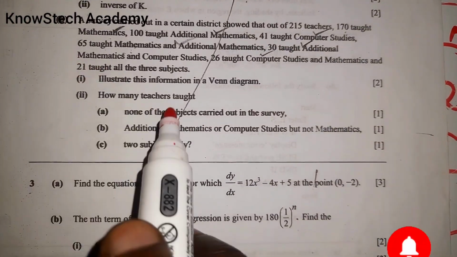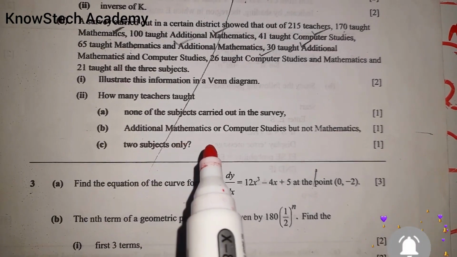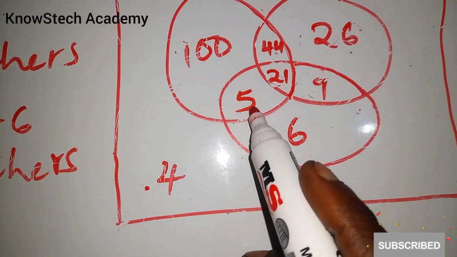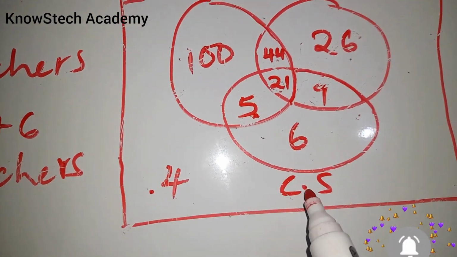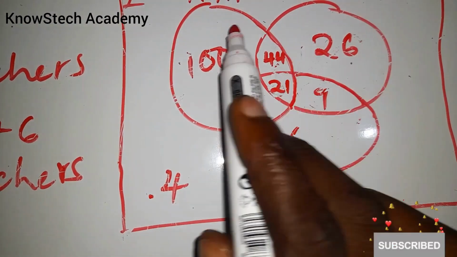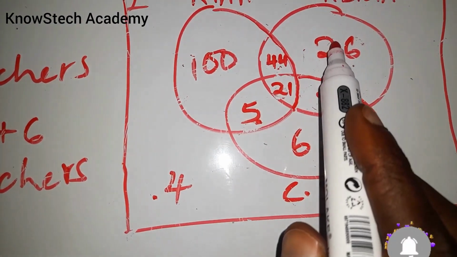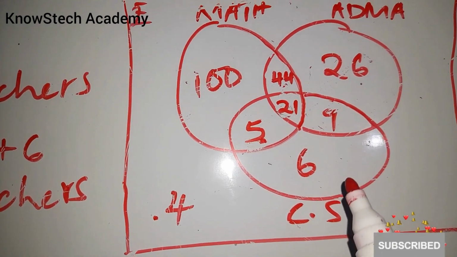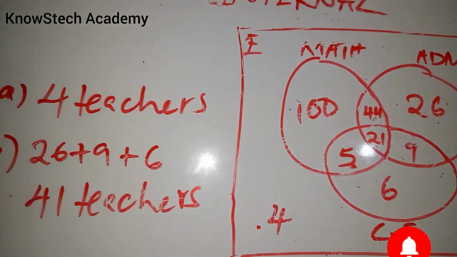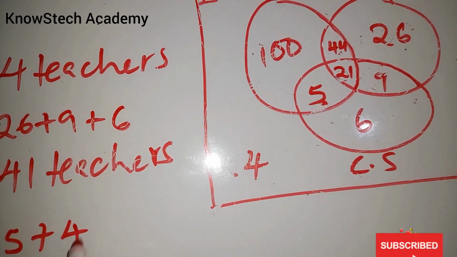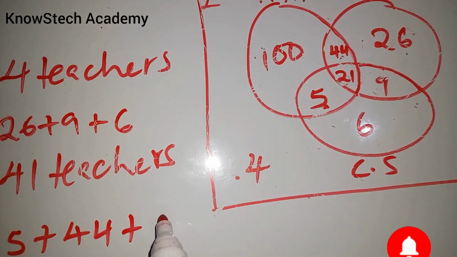How many teachers taught 2 subjects only? 2 subjects only. 5 taught mathematics and science only. 44 additional mathematics and mathematics only. 9 ADMA and computer science only. So we're going to add 5 plus 44 plus 9.